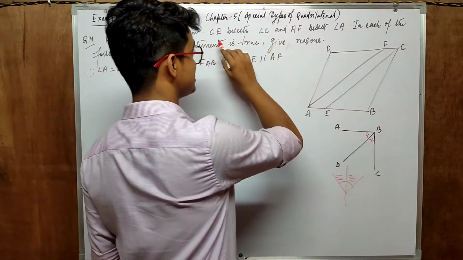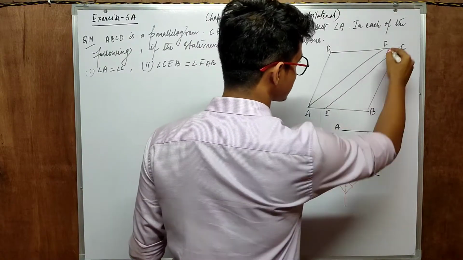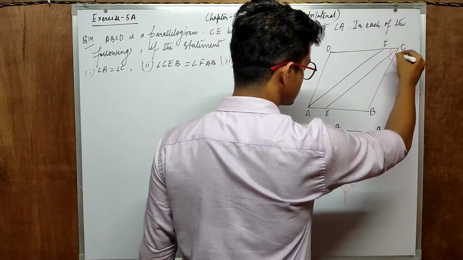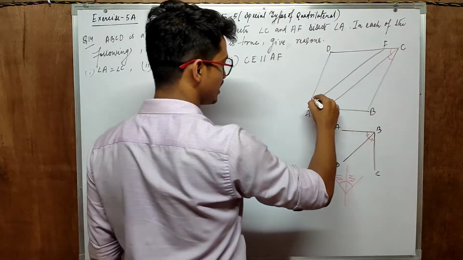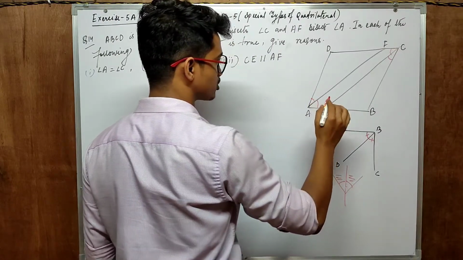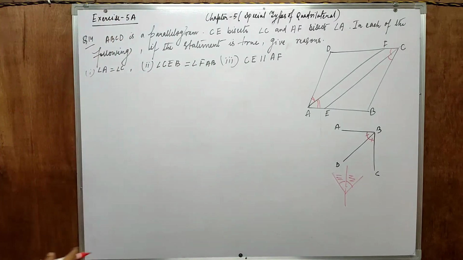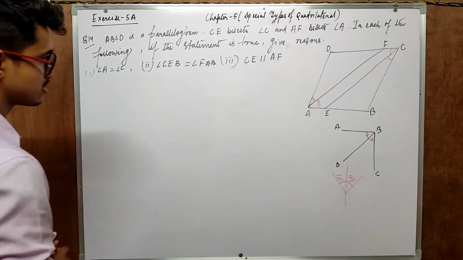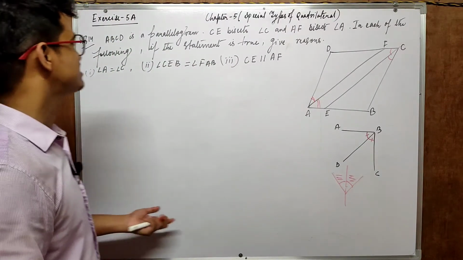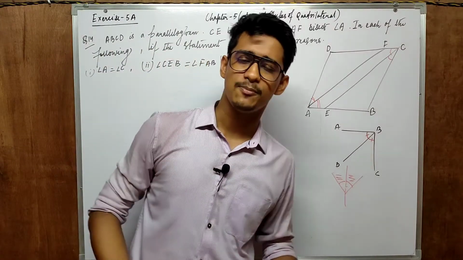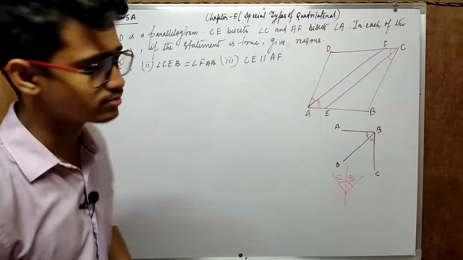So in this case, CE bisects angle C, that means this portion is equal to this portion, and AF bisects angle A, that is this portion equal to this portion. Alright, fine. Now the first statement: ABCD is a parallelogram, and in a parallelogram we know that opposite angles are equal.